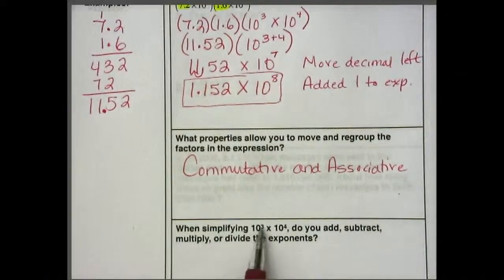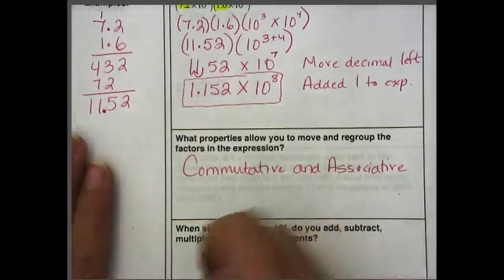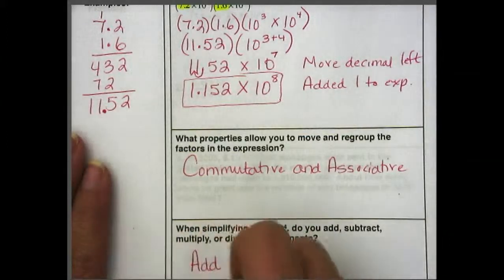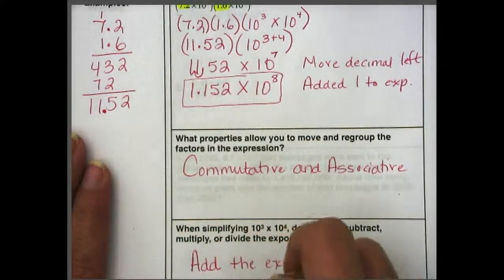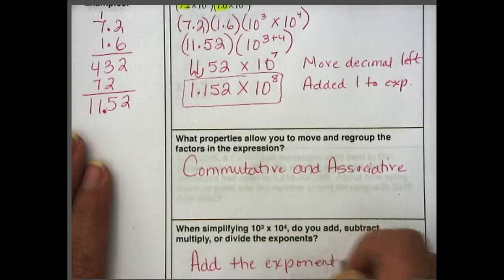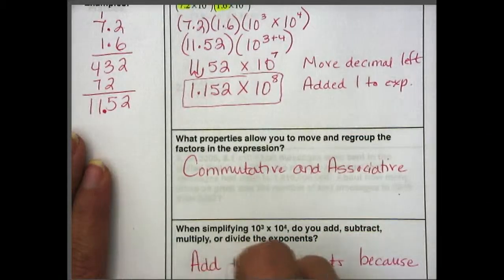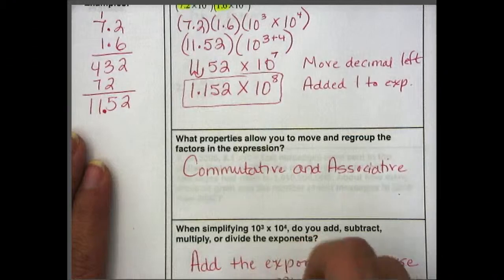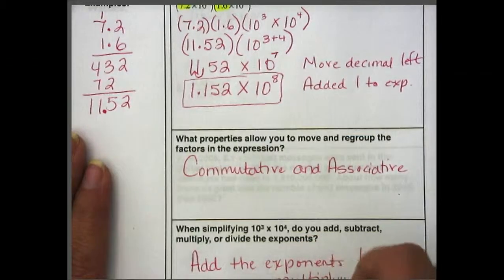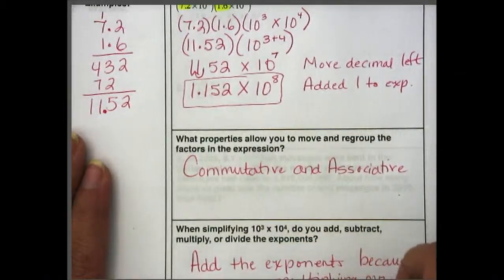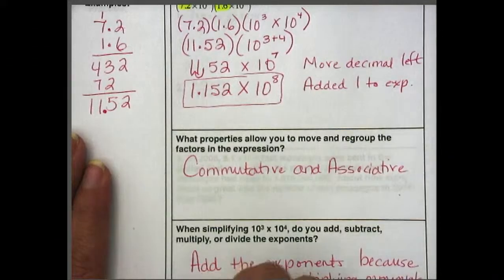When simplifying 10 to the third times 10 to the fourth, do you add, subtract, multiply, or divide the exponents? Well, we know that we add the exponents because we are multiplying monomials. And we learned this in section 1.4.